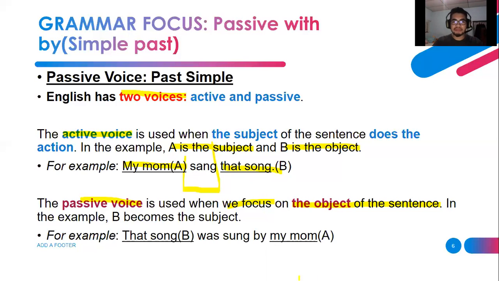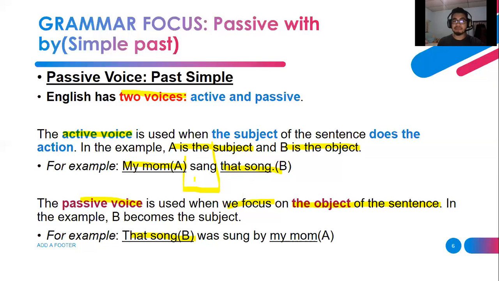As you see in the example over here, we have: that song was sung by my mom. If you notice, these sentences are the same. What's the difference? Well, one is in active voice and the other one is in passive voice. In the first one, the subject is my mom because she's the one doing the action.